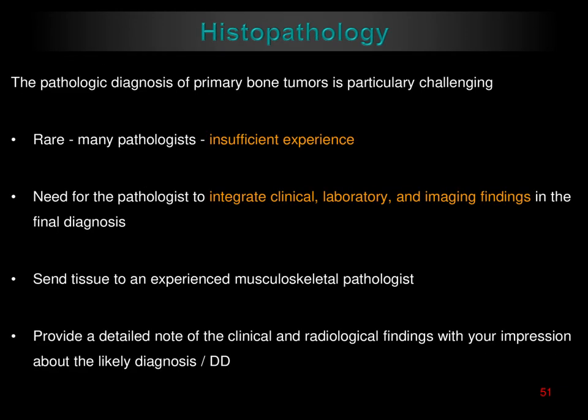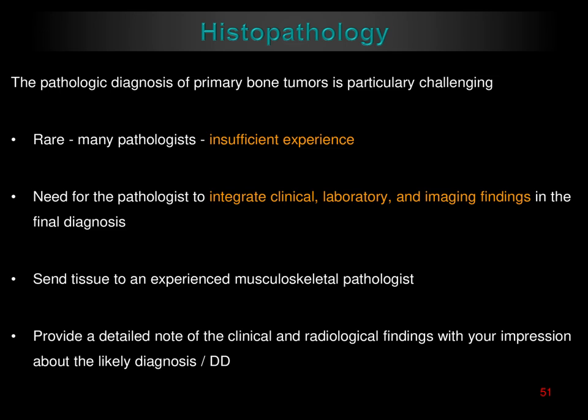Coming to histopathology of bone tumors, it is very important to know that the pathologic diagnosis of primary bone tumors is particularly challenging. It is because these are very rare diseases and many pathologists have insufficient experience with these conditions. It is necessary for the pathologist to integrate the clinical, laboratory and imaging findings in the final diagnosis. It is not just what you see under the microscope.